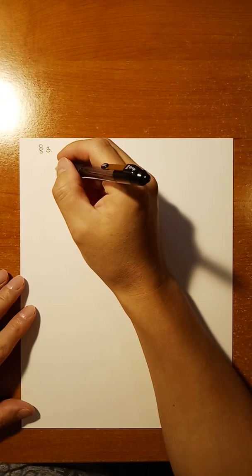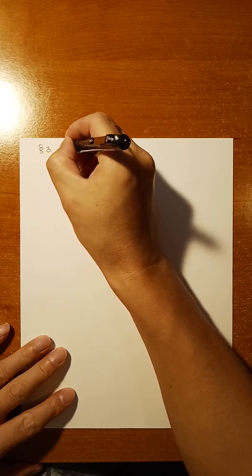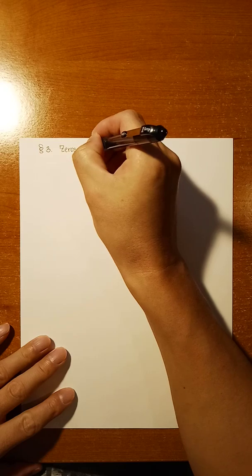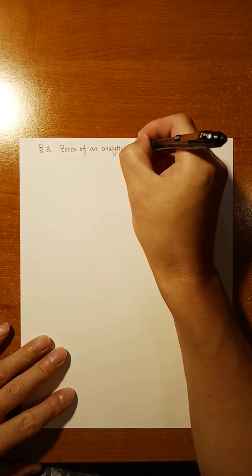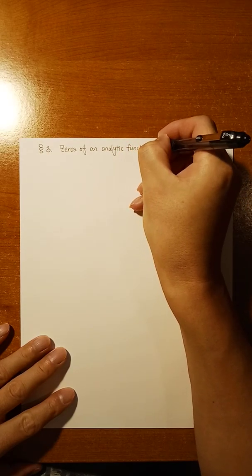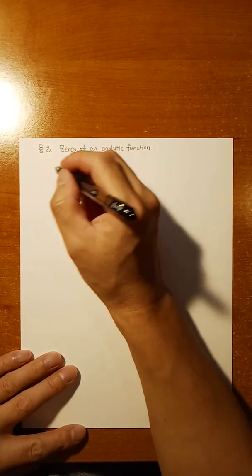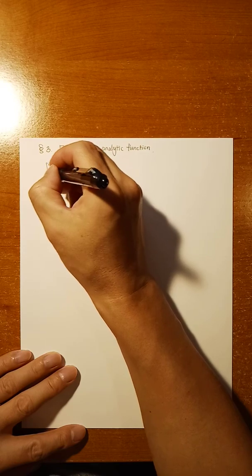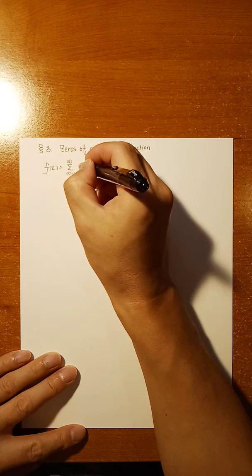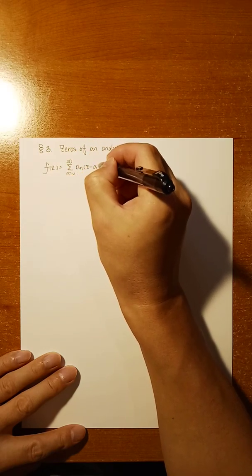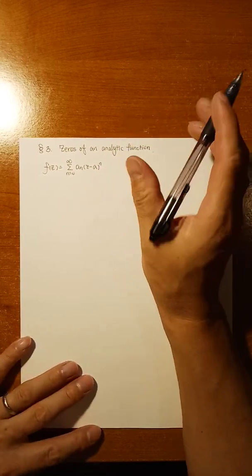Okay, now let's talk about section 3, zeros of analytic functions. We just proved that in a small neighborhood, an analytic function has the power series expansion for some sufficiently small radius.